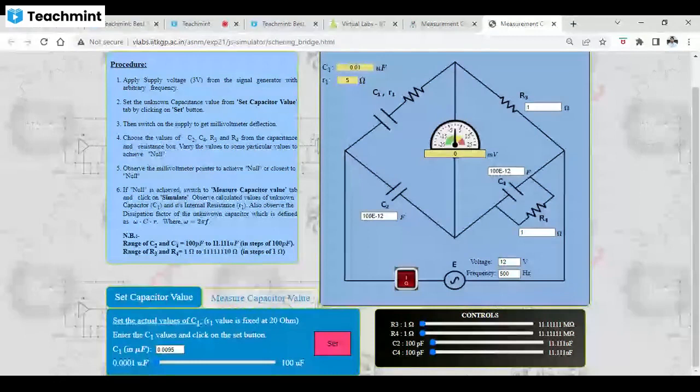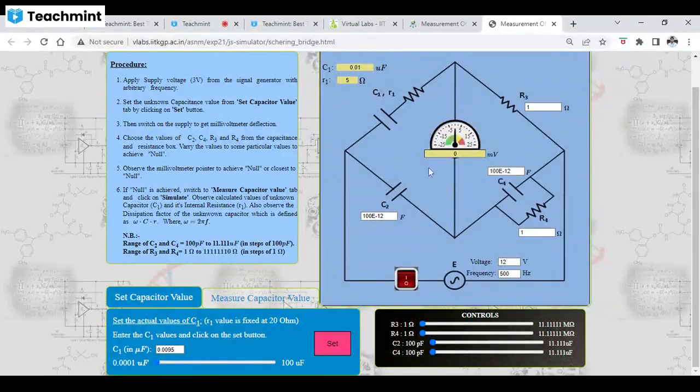Now note that the value of C2 and C4 ranges from 100 picofarad to 11.11 microfarad, in steps of 100 picofarad, and the range of R3 and R4 is from 0 ohms to 1111 ohms.